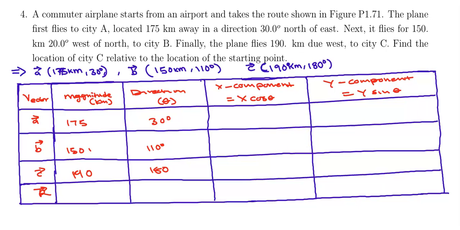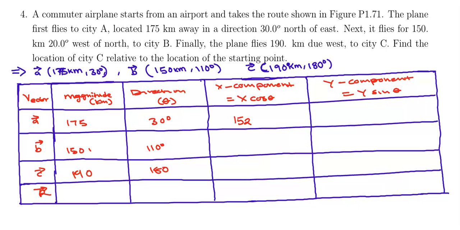So we are going to start with vector A. To find the x component, we say 175 cos 30, which gives me 152, rounding off to 3 significant figures.